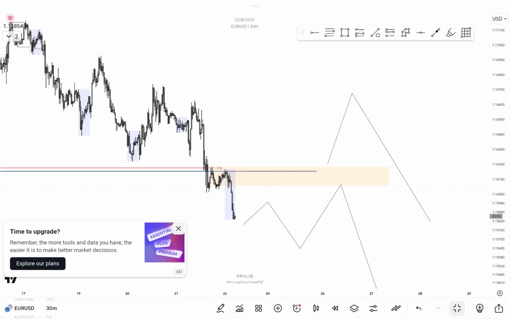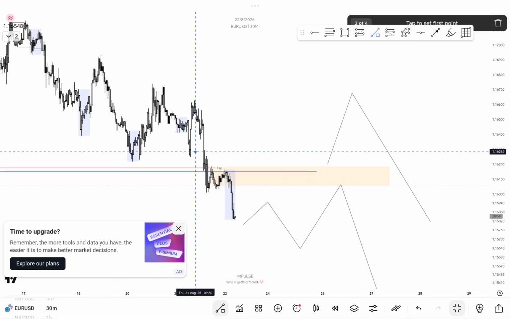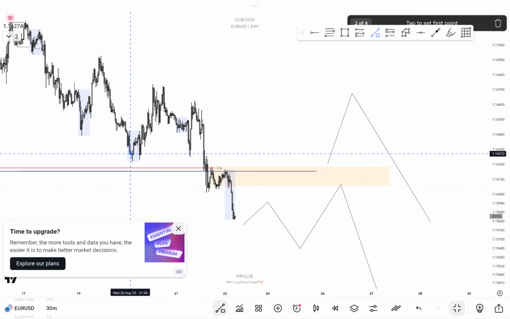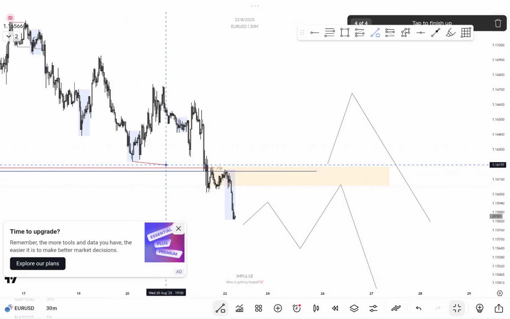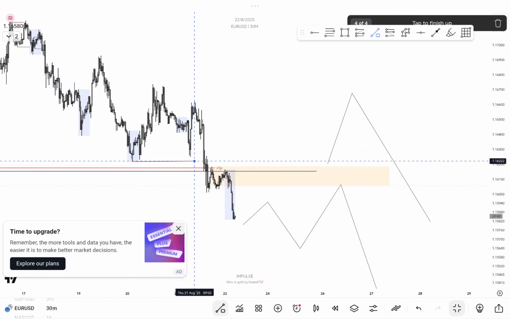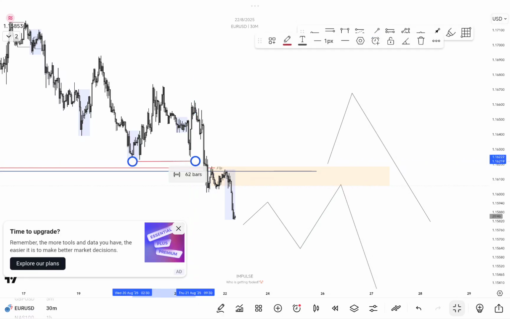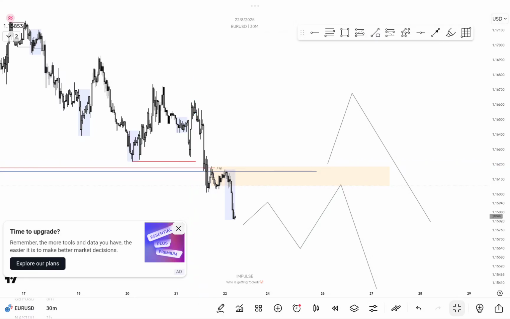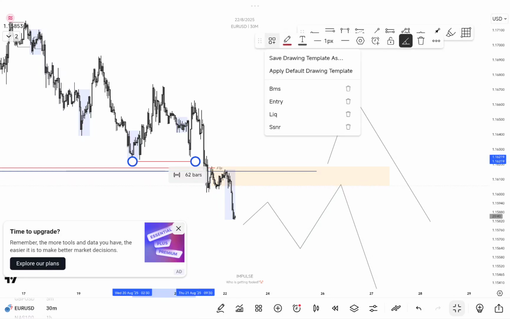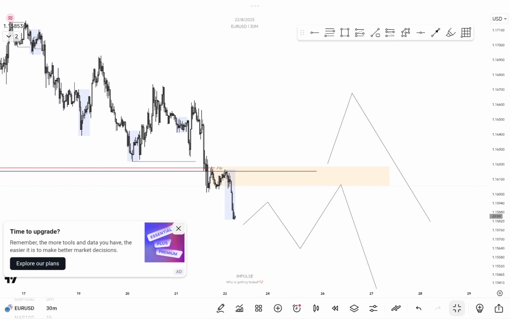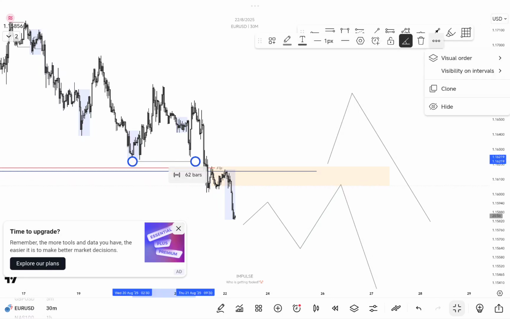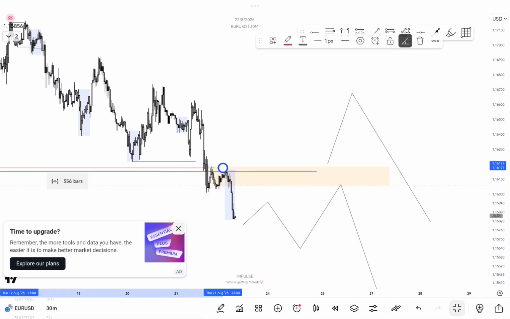So if I was to mark that out, let's mark that out. It would be like break of structure, EMS, break of structure, low.